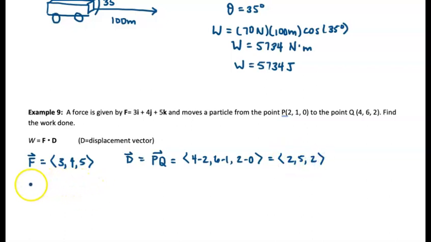So now to find the work done, we're just taking that force vector and finding the dot product of that and the distance vector.